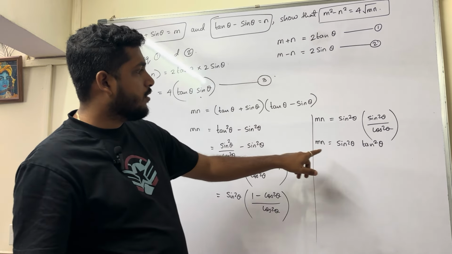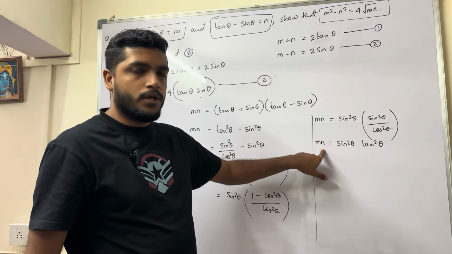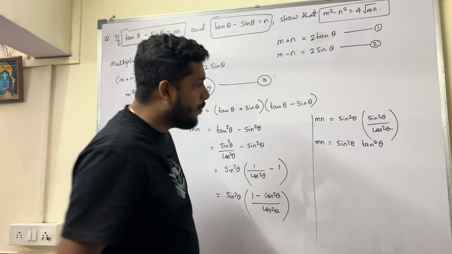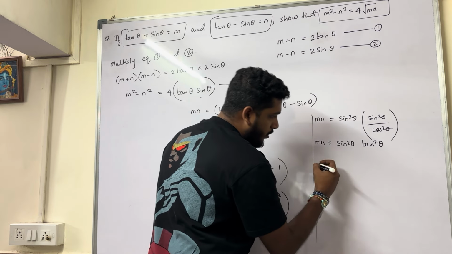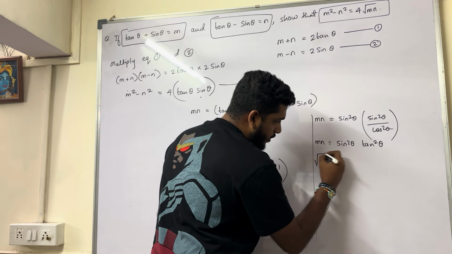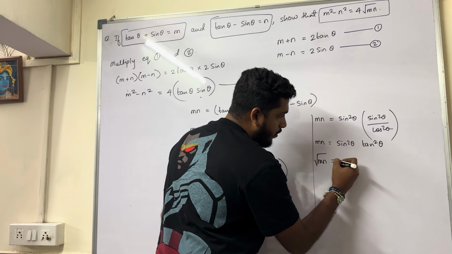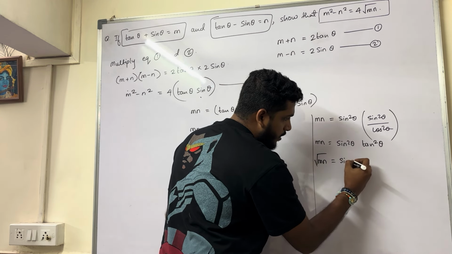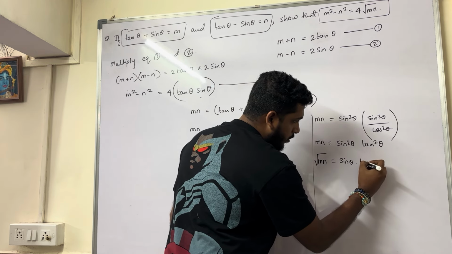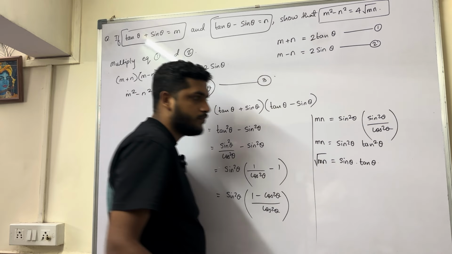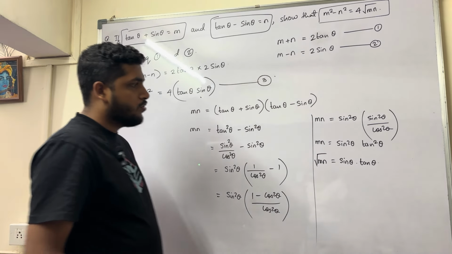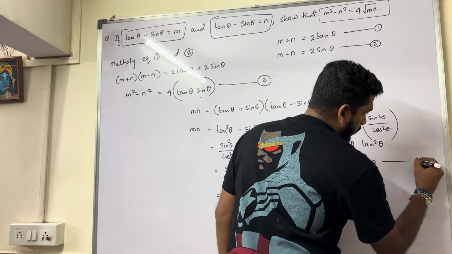So I don't want this, I want a root over here, so I can just apply square root on both the sides. So it will look like this: root of m into n is equal to sin theta into tan theta. Okay, so this will be my equation number 4.